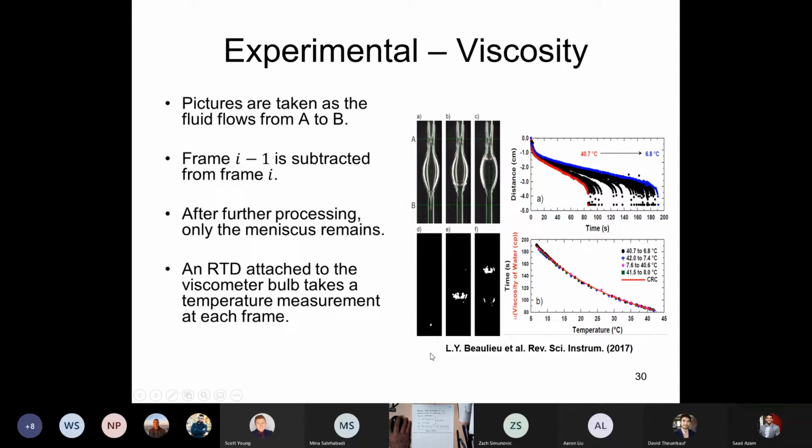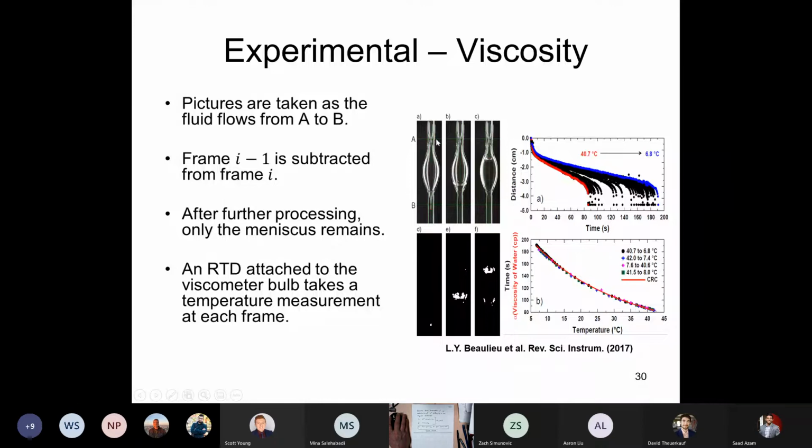Luc Beaulieu, who's a professor at Memorial University of Newfoundland, spent a sabbatical with us about 3 or 4 years ago, where he automated these viscosity measurements. He set it up so that the viscometer was placed in a temperature-controlled box, and a computer said, okay, drive the fluid back up with compressed argon.